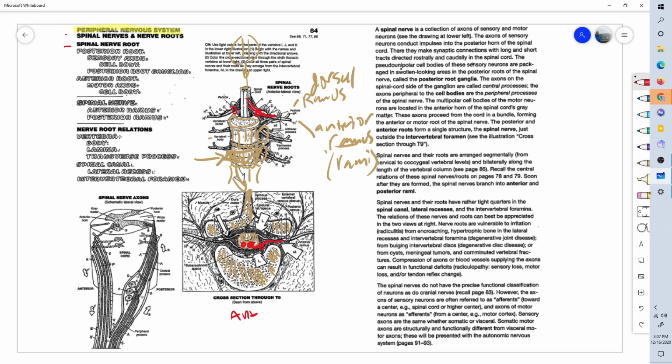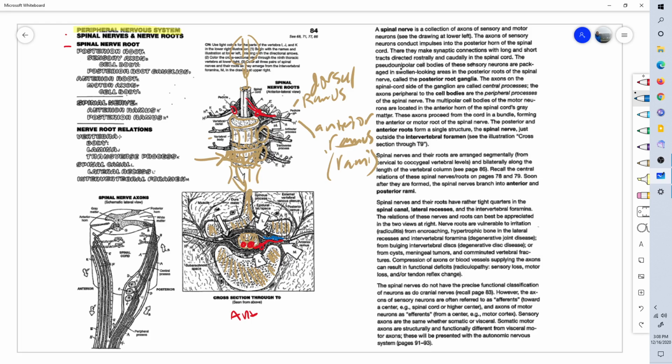The dorsal root contains sensory information going inward. So the dorsal root carries sensory information in. And this is called the dorsal root ganglion, where all the cell bodies are.